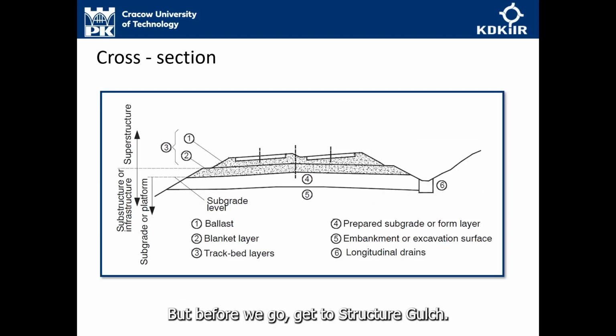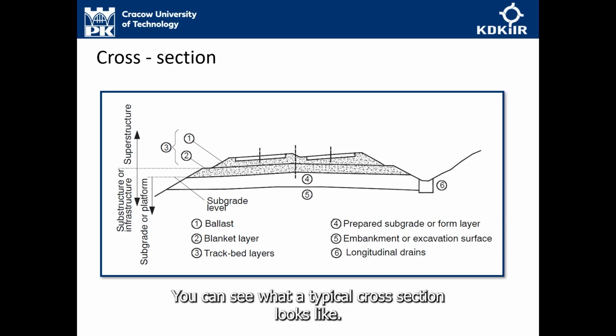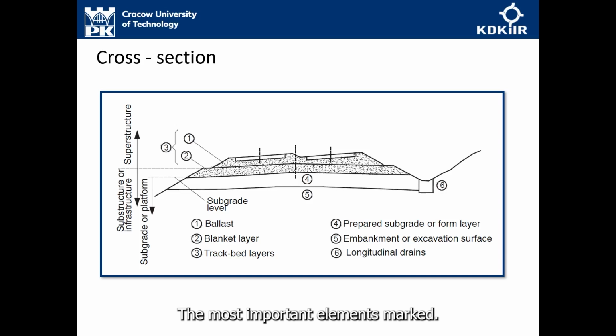But before we get to structure gauge, you can see what a typical cross-section looks like with the most important elements marked. Of course, you already know the surface and the structure elements perfectly. Number 1 indicates the ballast. Number 2 indicates the protective layer.